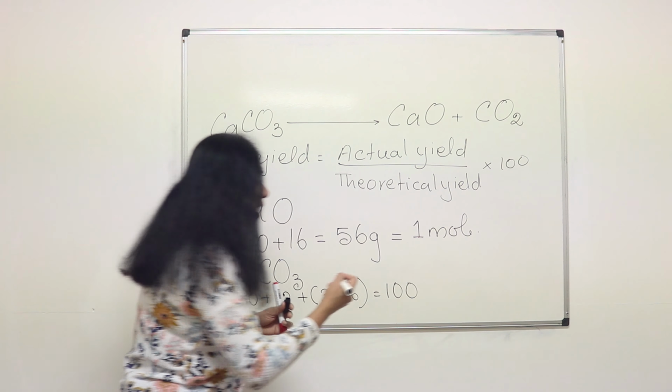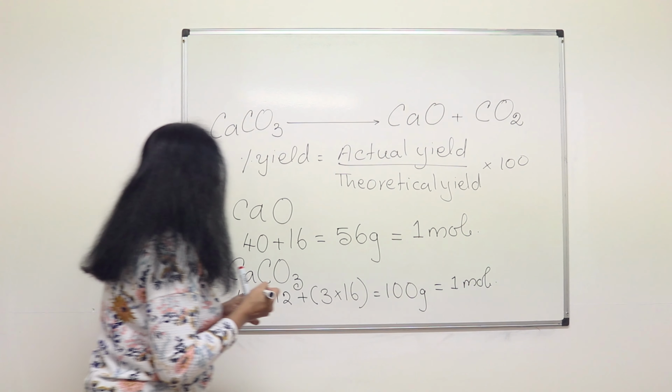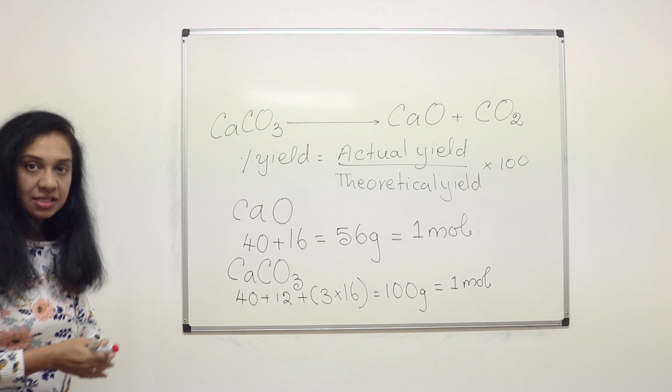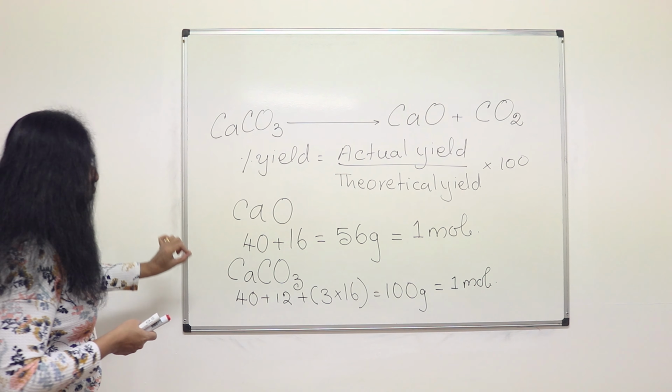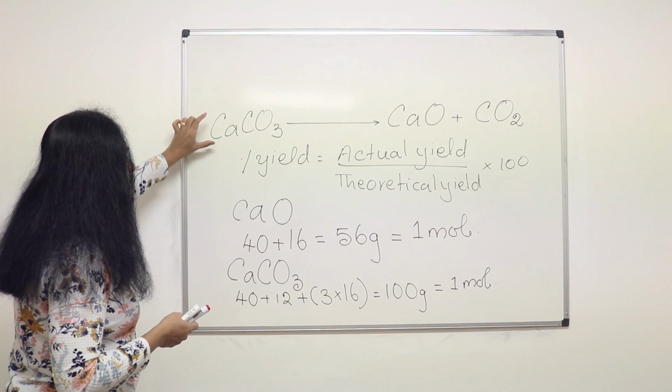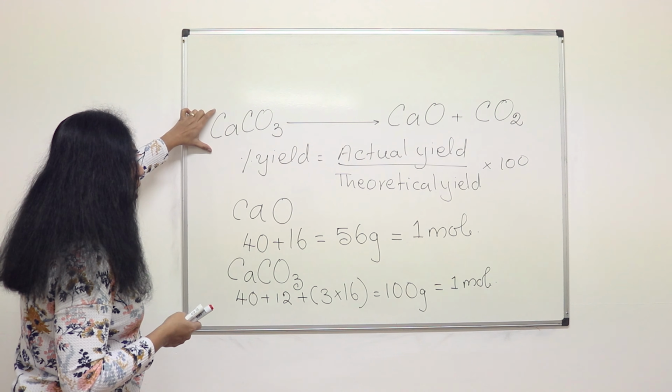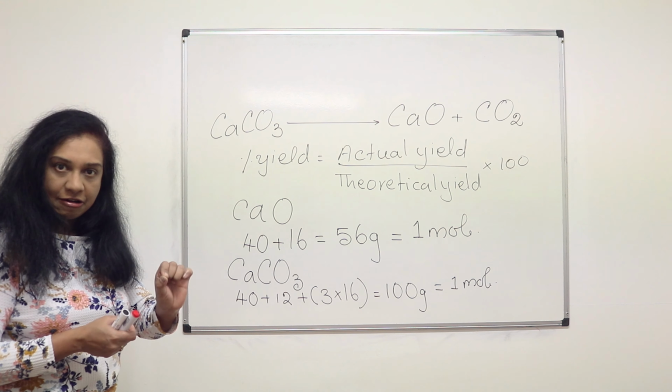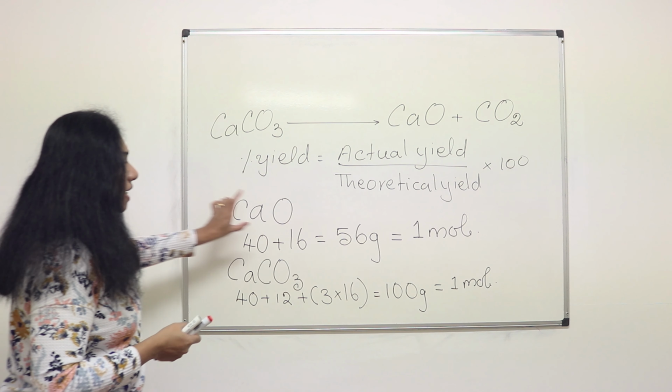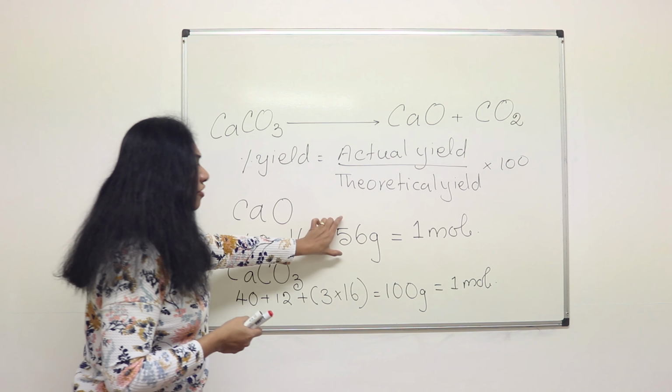This 100 grams is equal to 1 mole of calcium carbonate. Therefore, when we burn 100 grams of calcium carbonate, in theory, we will be getting 56 grams of calcium oxide.